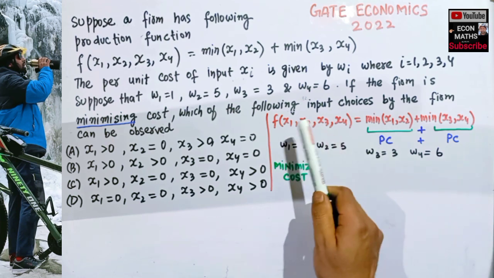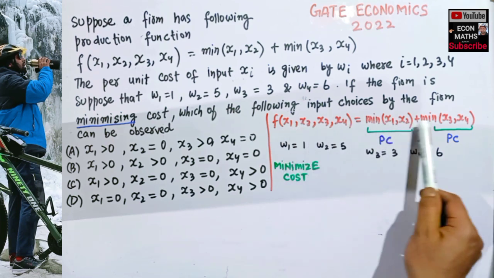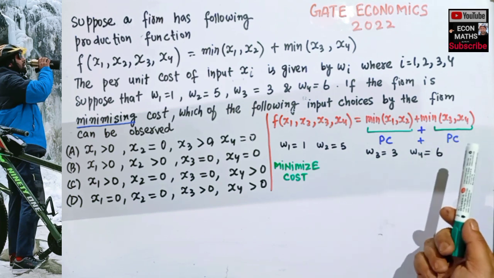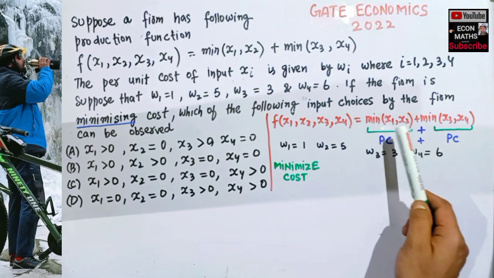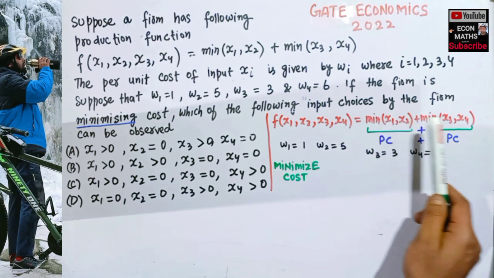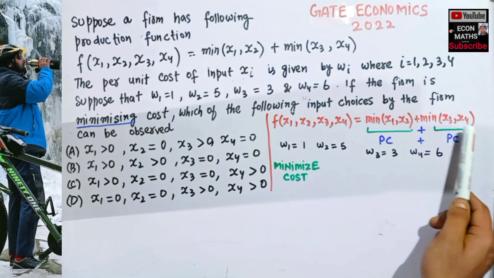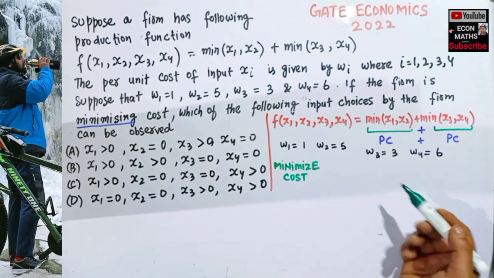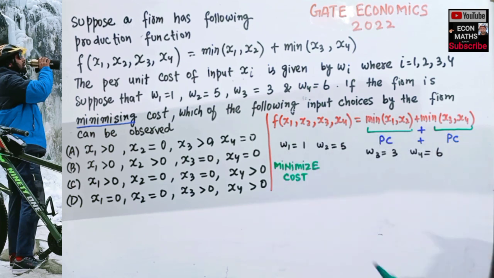As I told you, this production function is a kind of hybrid production function. We have two perfect complementary goods first, and jointly they represent perfect substitute goods. If we want to minimize cost, let me rewrite this production function.